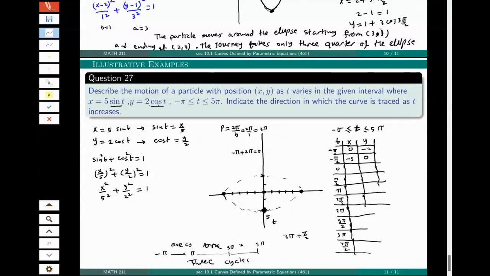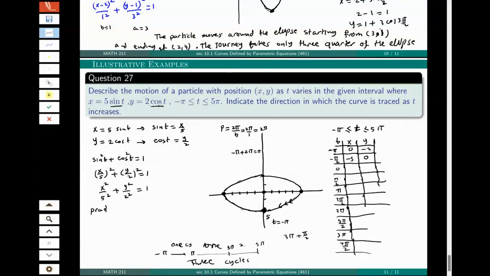So we will start from here. When t is equal to minus pi, we will go to this direction, and we will complete the cycle. How many times? 3 times. So it will be the description of the motion.